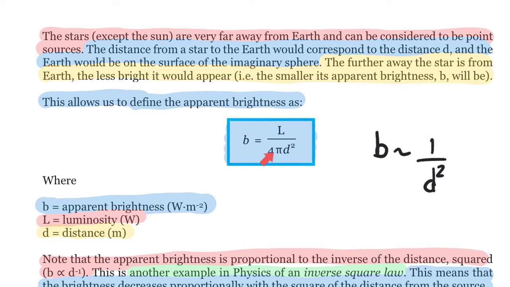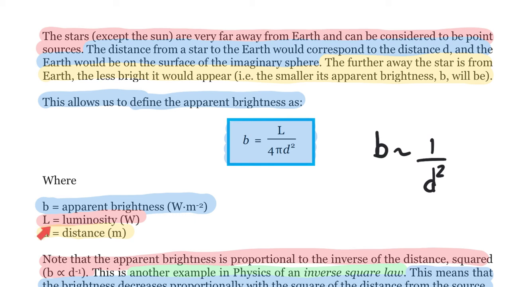Because the forces fall off in the same way as brightness, inversely proportional to 4 pi d squared because of the surface area of the sphere, we get the same thing in Coulomb's law and universal gravitation. So that was just an aside.